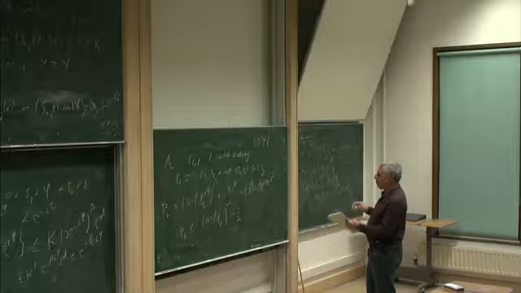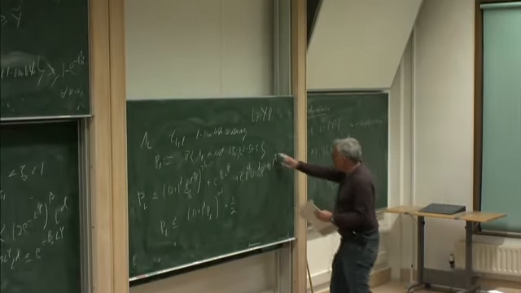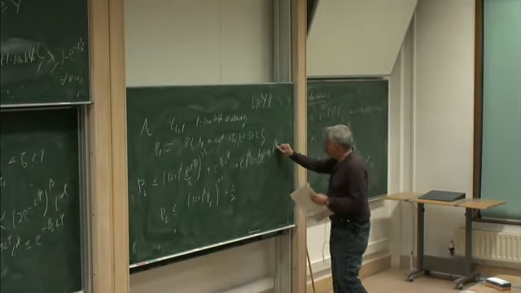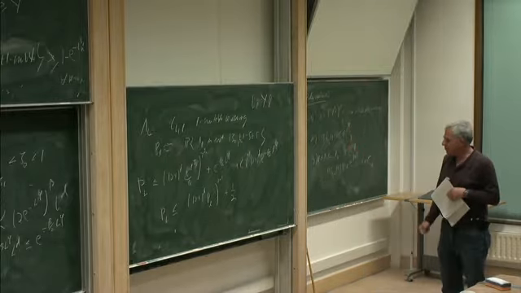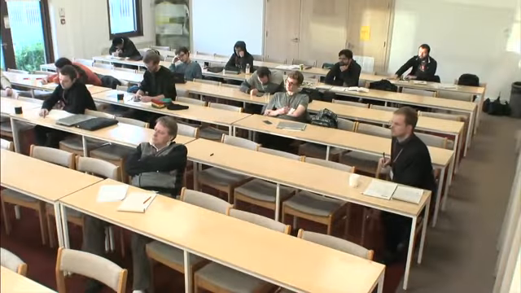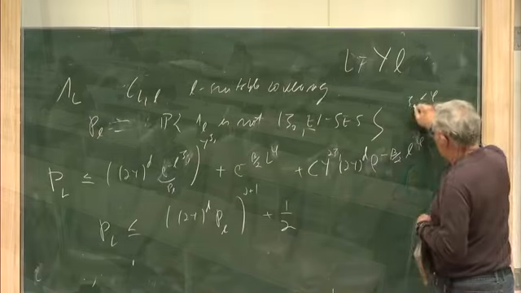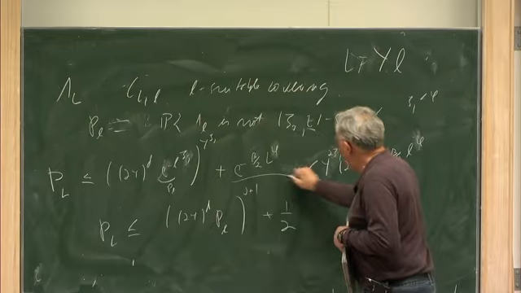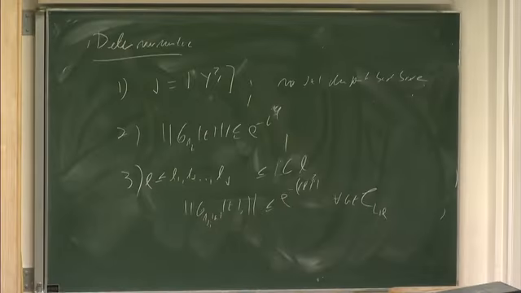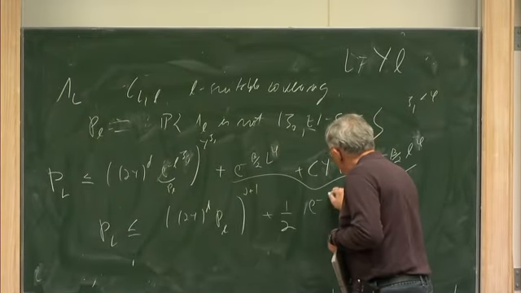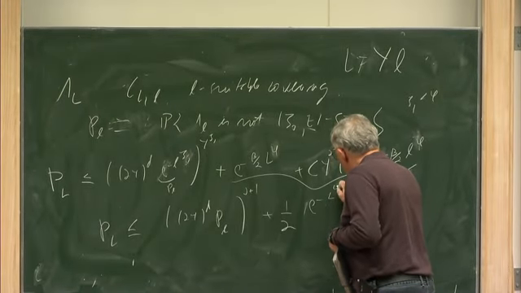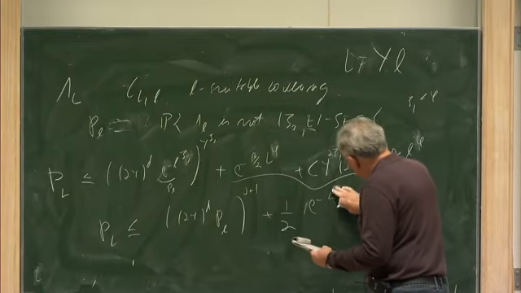Oh, sorry. Now this is phi. Sorry, this is phi. Okay? The fact that phi is important is because phi is bigger than zeta 1. And that allows me to bound all of those by this.